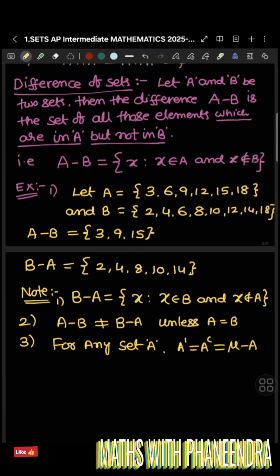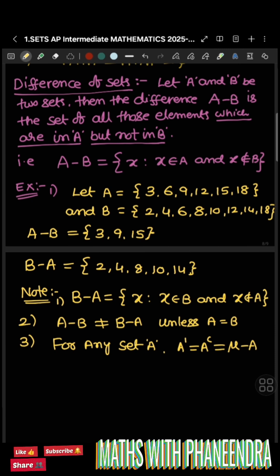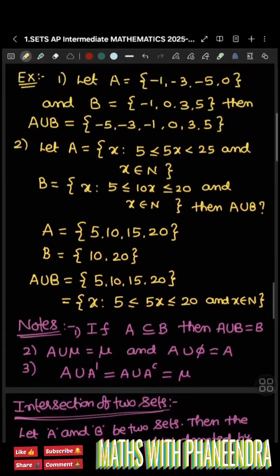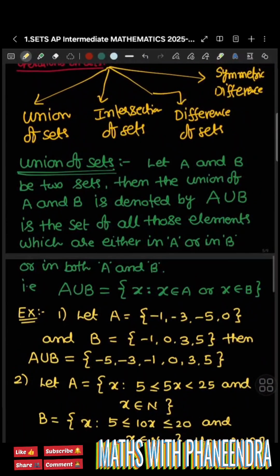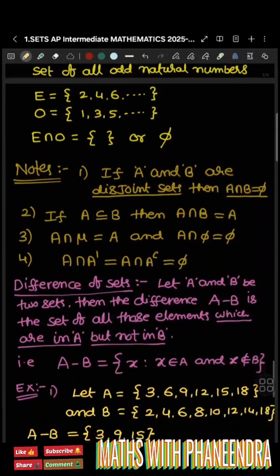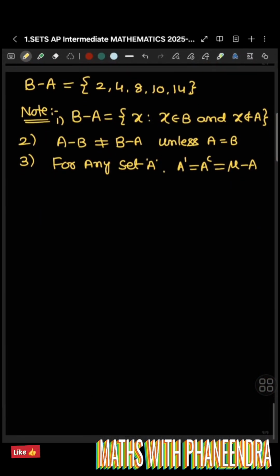We'll move to the last concept, symmetric difference. Till now we discussed intersection of sets over, union of sets over, difference of sets over. Next, symmetric difference. This is the last concept, dear students, in that.